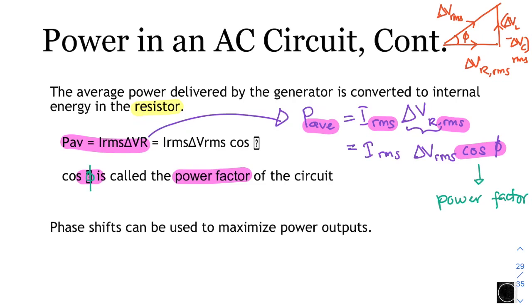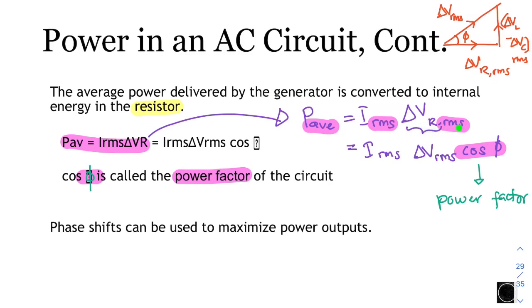Remember again, capacitor and inductor do not cause power loss in the circuit. The only one causing power loss is the resistor. By using the average power formula, I times V, so we're talking about average, so I RMS times delta V RMS across R, because this is the only element that causes loss of power.